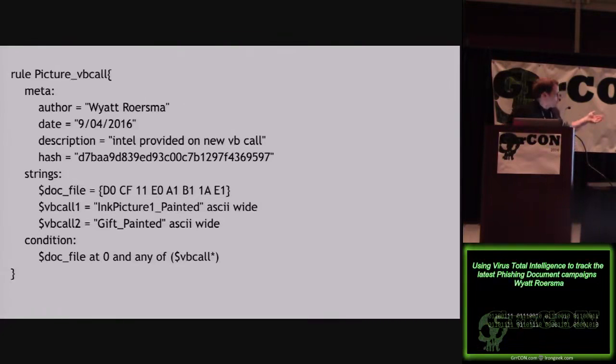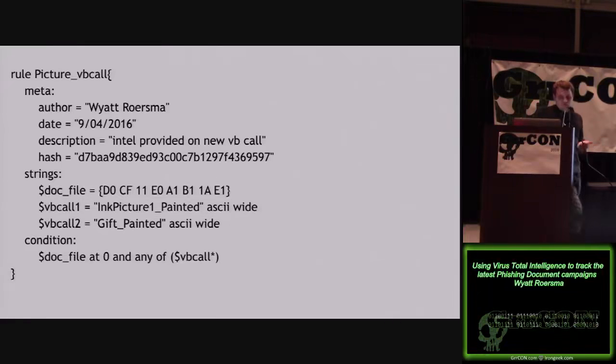So you would take this rule where you see the ink picture 1_painted and the GIF painted, and you first identify that the file is a document by the file header D0CF, and so on.